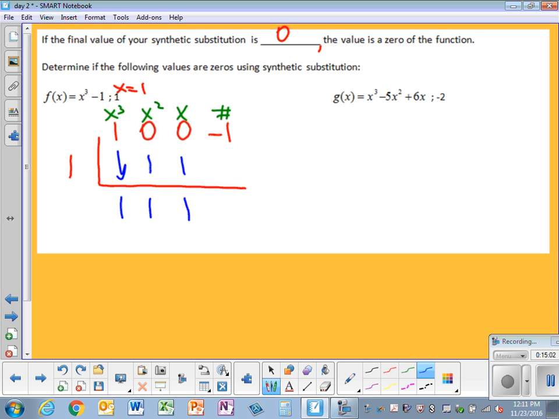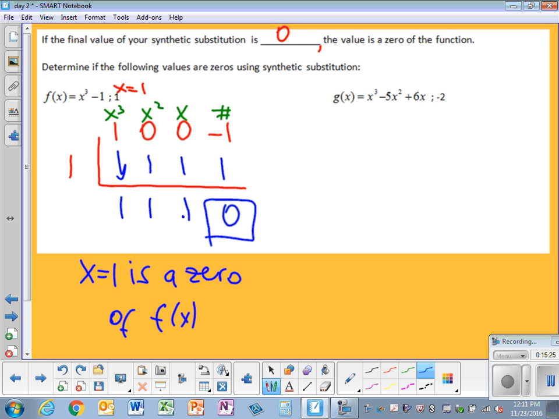On diagonal, I multiply 1 times 1 is 1. And then finally, I add together the two numbers. Negative 1 plus 1 gives me 0. So my final answer is 0. That means what? That is yes. x equals 1 is a zero of the function f of x. So x equals 1 is a zero for this function, yes.